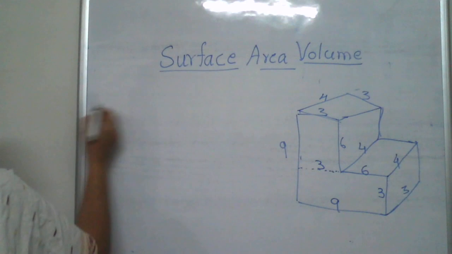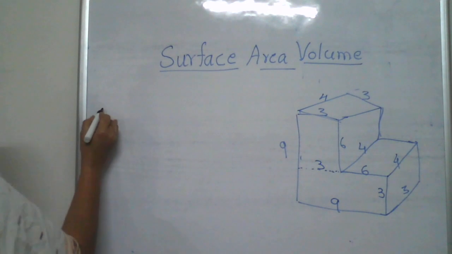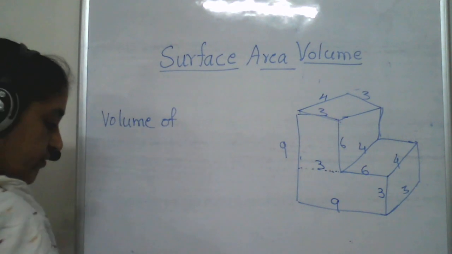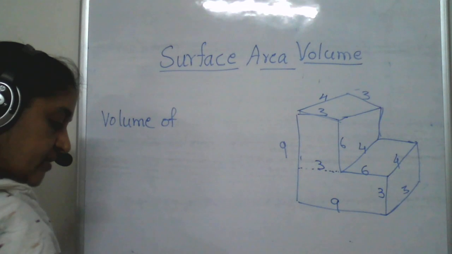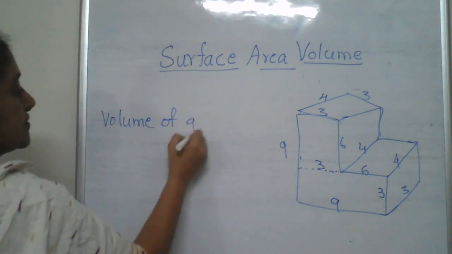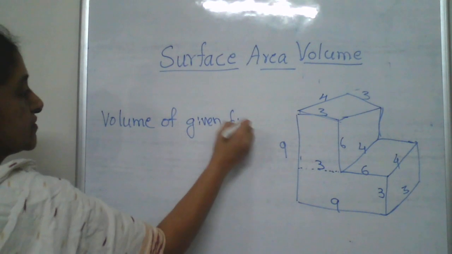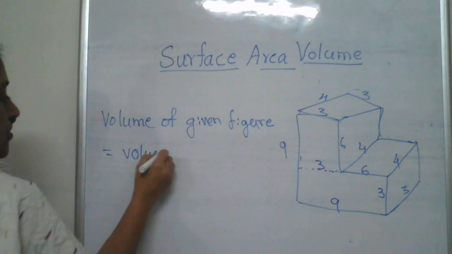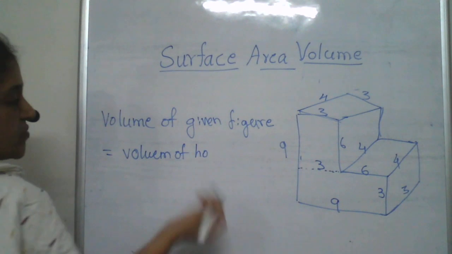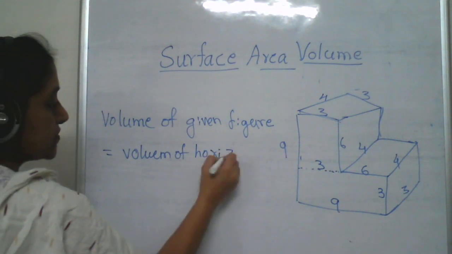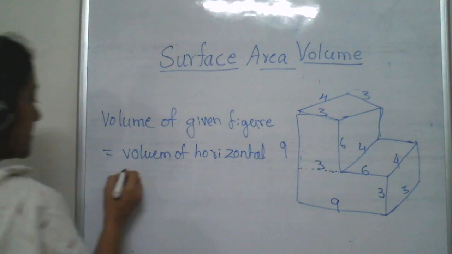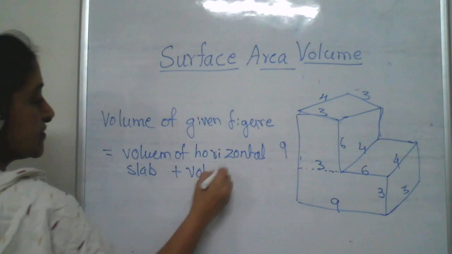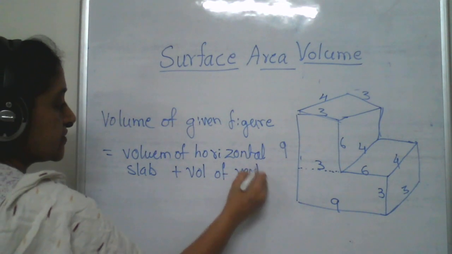Now the volume of the given figure is equal to the volume of the horizontal or base slab plus the volume of the vertical slab.